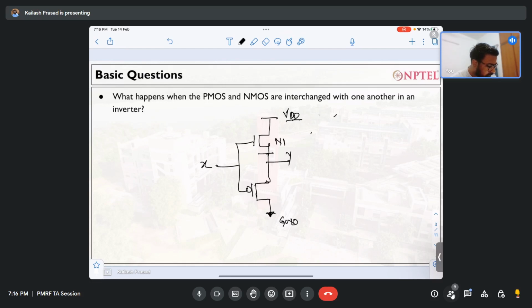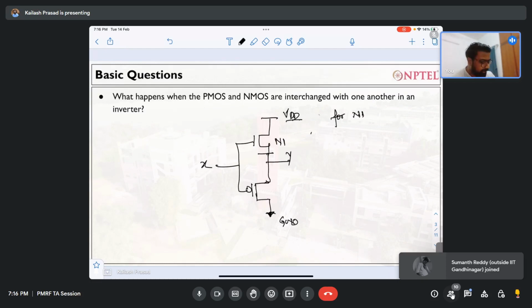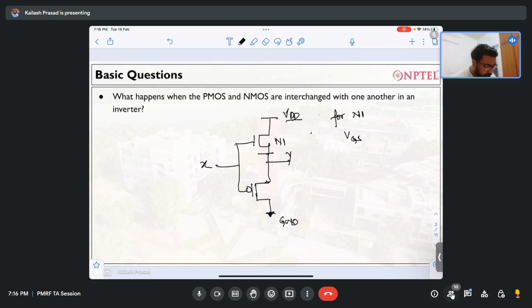For N1, this is your VGS. To make sure this transistor is on, what is the condition? The condition is VGS should be at least greater than VTH. That's the minimum condition you have.